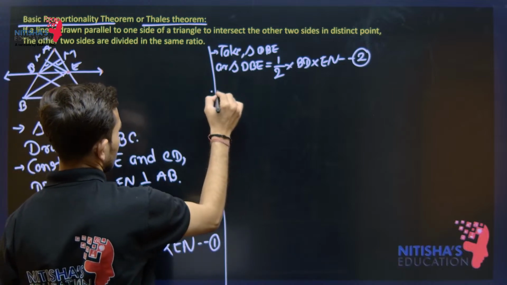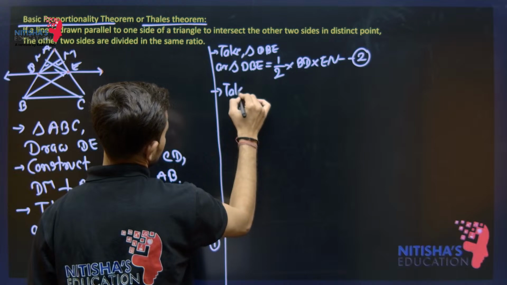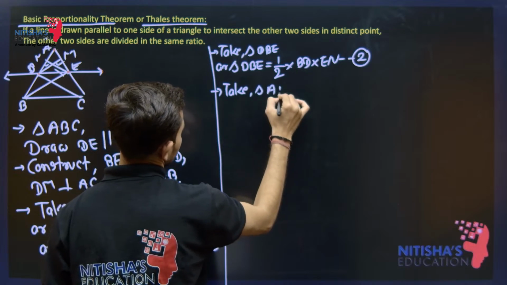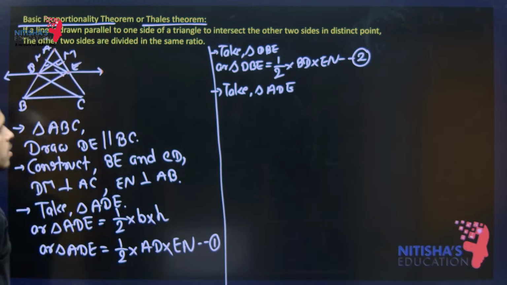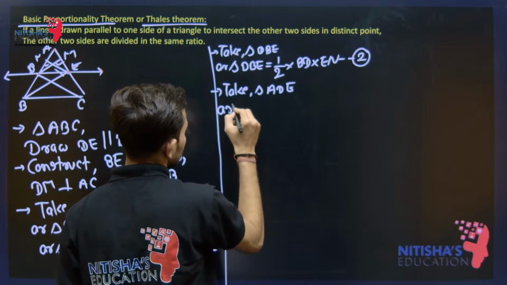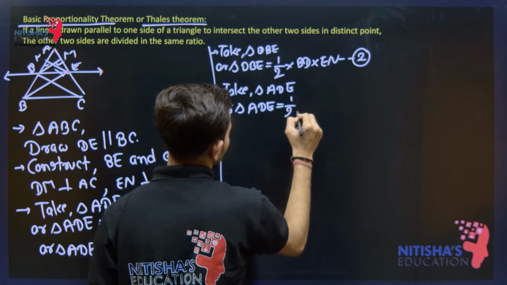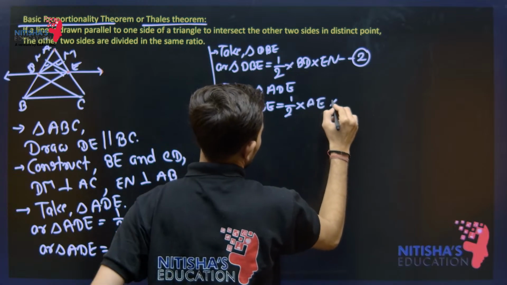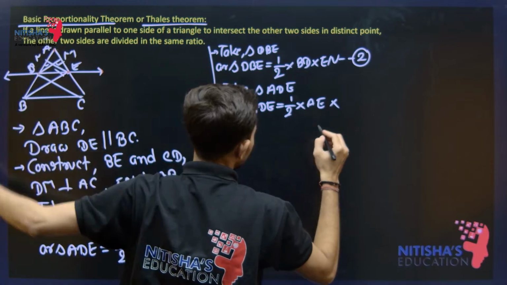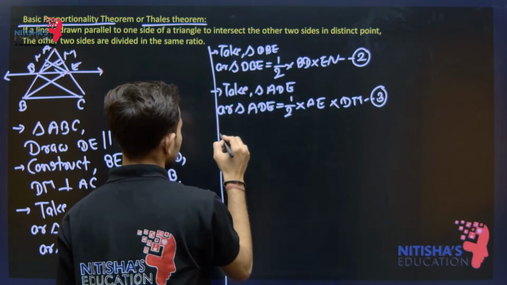Now take again the same triangle ADE, but this time we are taking height as DM. So the area of triangle ADE is equal to 1 upon 2 into base will be AE and the height will be DM. This is our third equation.